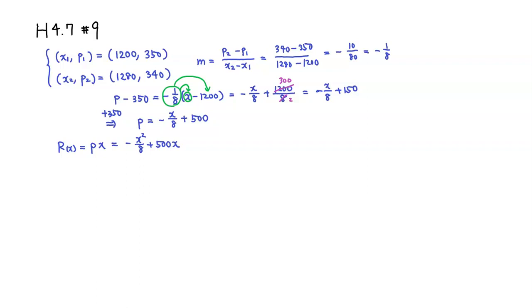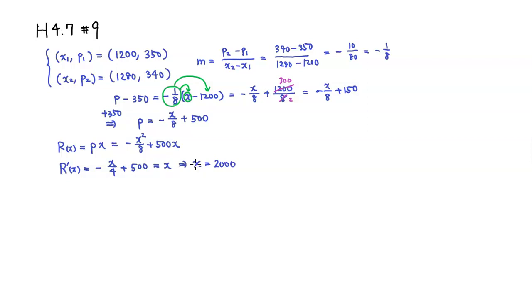Let's maximize that. So we take the derivative. R prime of X is equal to, put the 2 in front, the 8 cancels out, so it's going to be negative X over 4, plus the derivative of 500X, which is just 500, and set that equal to 0. So you can see that X is going to be equal to 500 times 4, so it's 2,000.